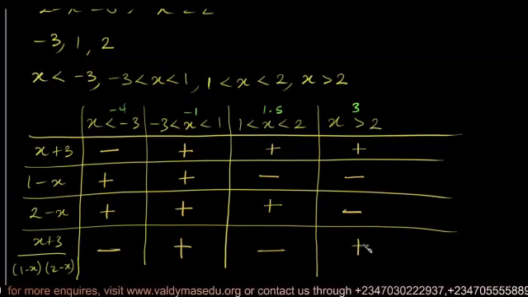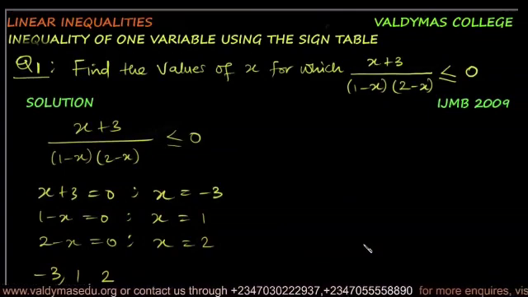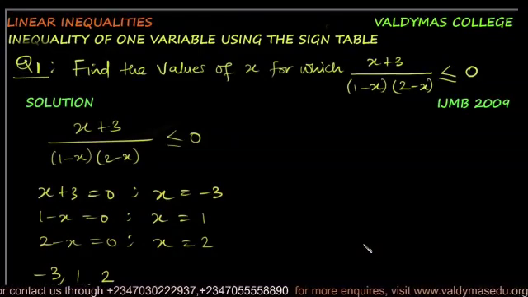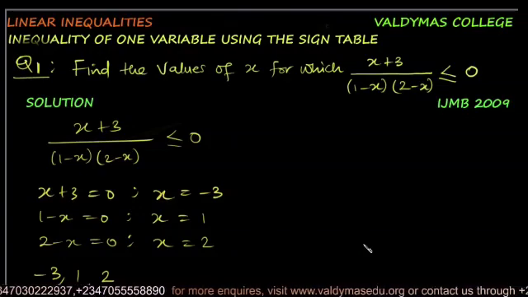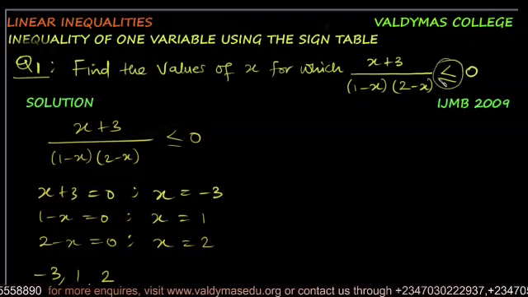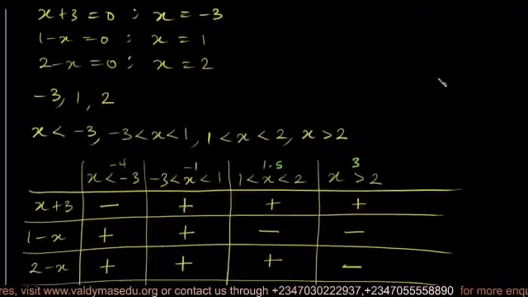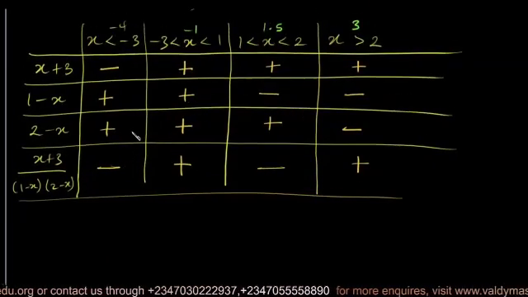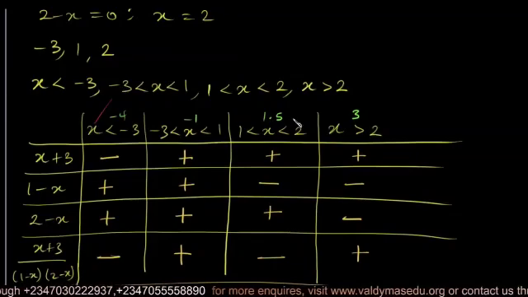Now, to know the final values of x, you come down to your question. The question says find the values of x for which x plus 3 over 1 minus x, 2 minus x is less than or equal to 0. If your inequality is less than, or less than or equal to, your final answer will be the columns that have negative, which is this and this.